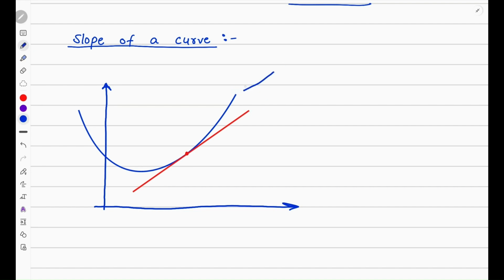So this is the curve we have, and this is the tangent at the point where we want to measure the slope.